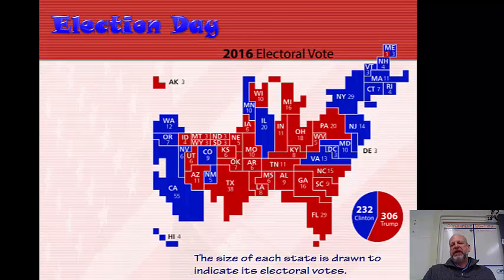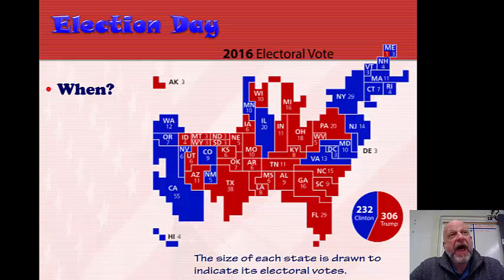The way it works today, on Election Day, which happens on the first Tuesday after the first Monday in November of even-numbered years, every 4th year for the president's election, the people show up and we vote. And we are voting for our preference of either the Democrat or the Republican or of another political party.